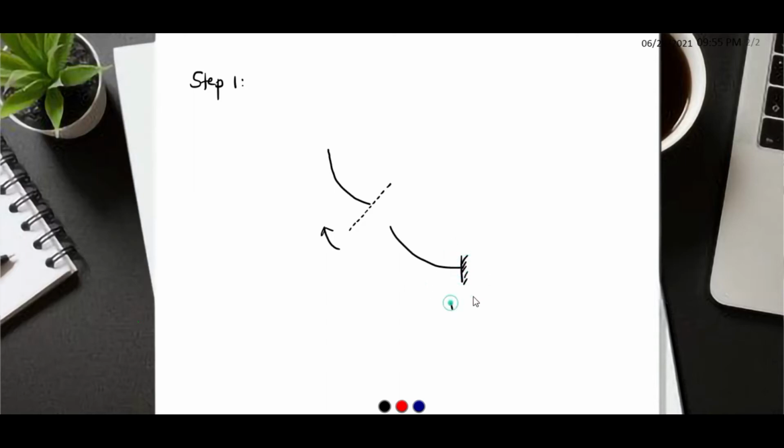See, if we consider the right hand side of the section, then we need to find the reactions here. But there is no need to find reactions here, so the left hand side part is better to consider.